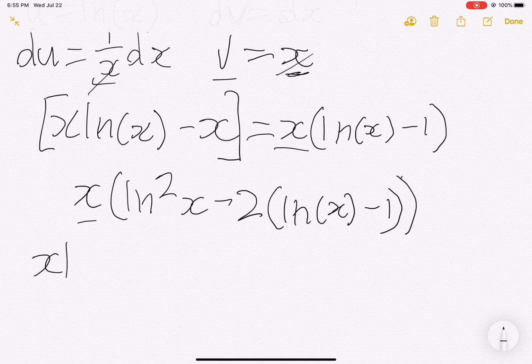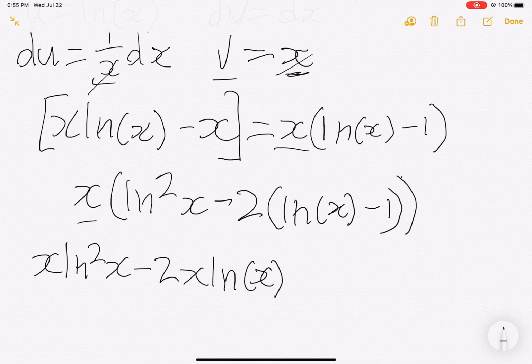So we get x ln squared x minus 2x ln x plus 2x.